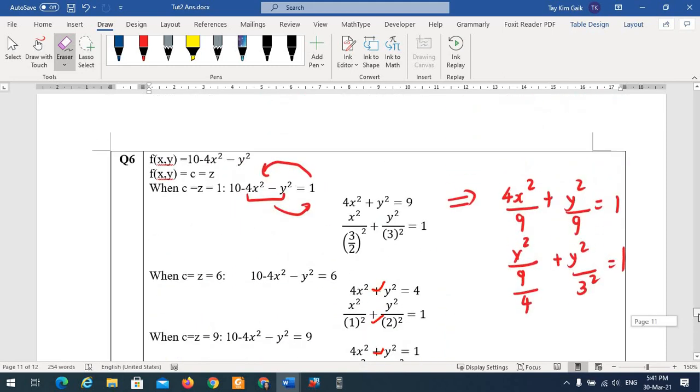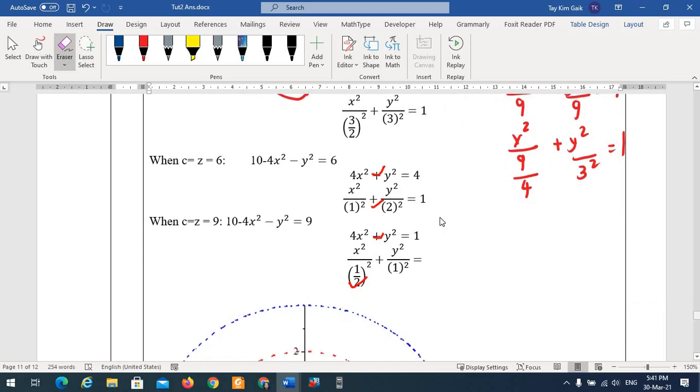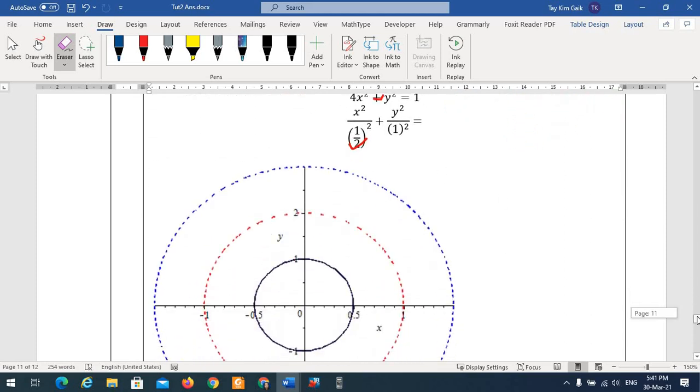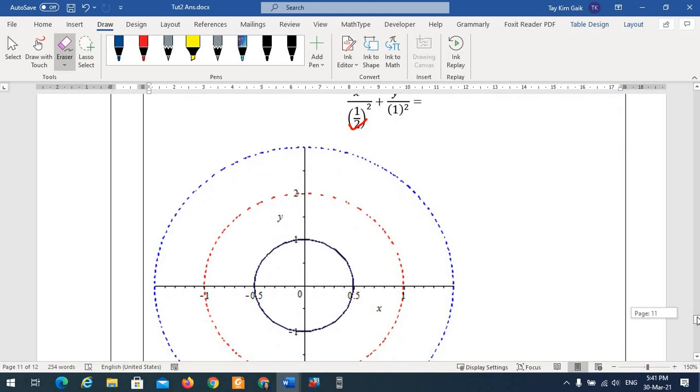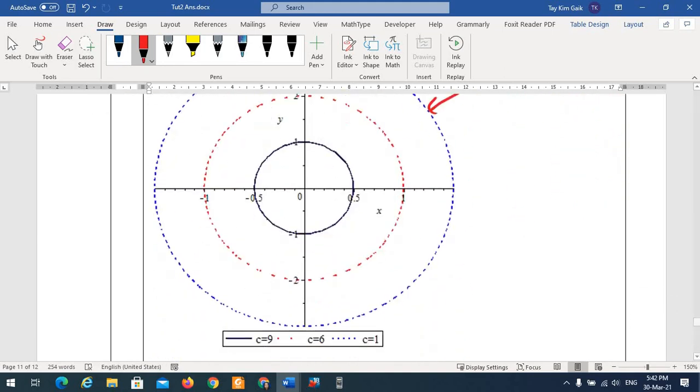So the first one has x-intercept 3 over 2, y-intercept 3. Okay, this one, the blue is c equal 1 or z equal 1.